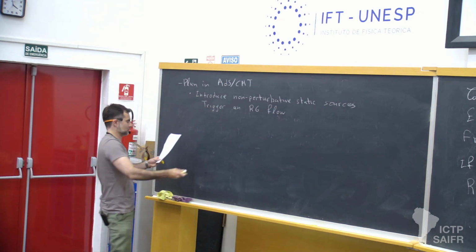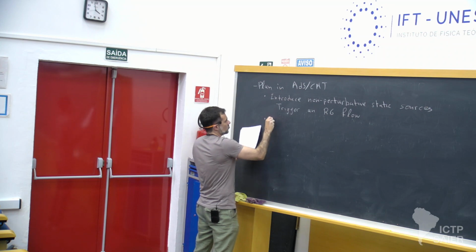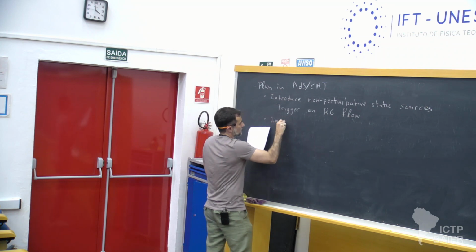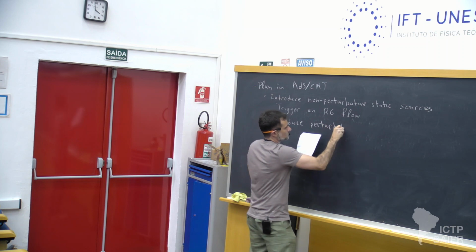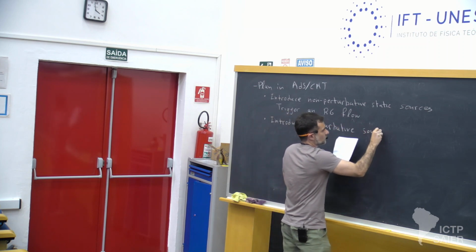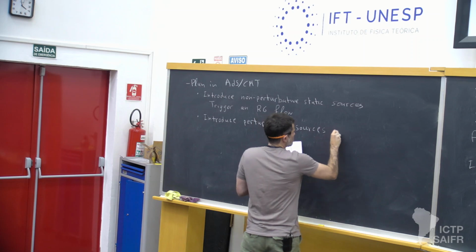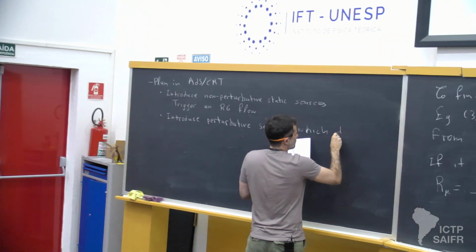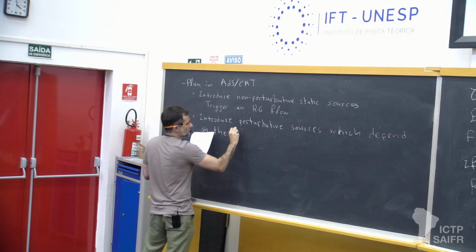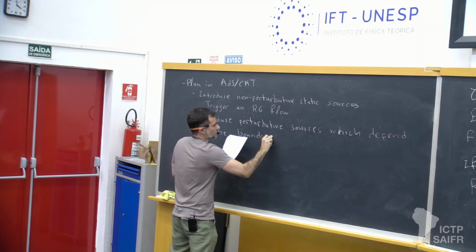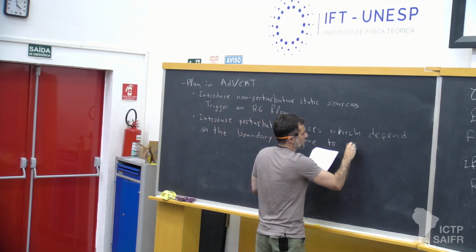Now, once you have that, you can then introduce perturbative sources on top of that, which depend on space and time from the boundary point of view, on the boundary space-time, to examine the response of the system, or the Green's functions.